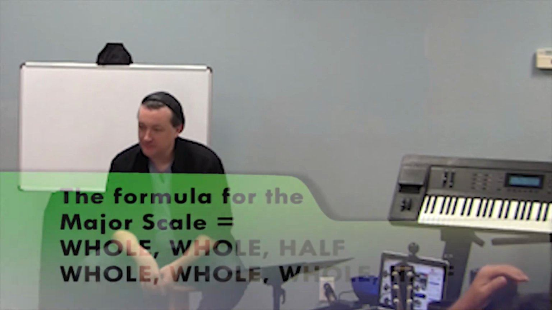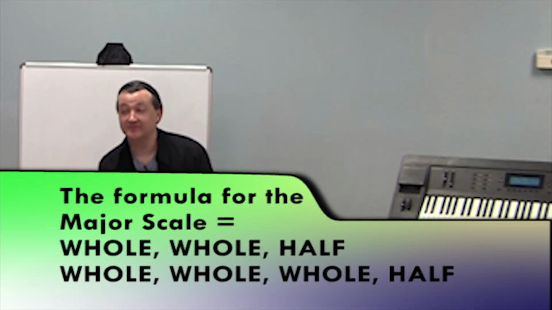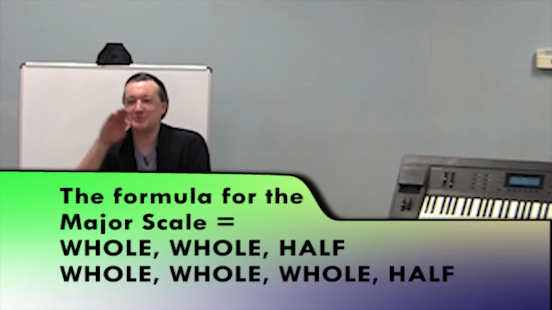Half, whole, half. Let's say it all together now. Just repeat after me. The formula for the major scale is whole, whole, half, whole, whole, whole, half. I like how you matched my tone.